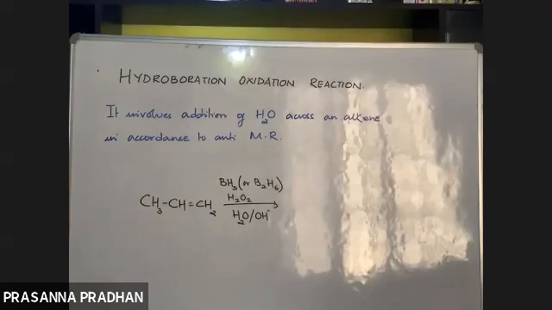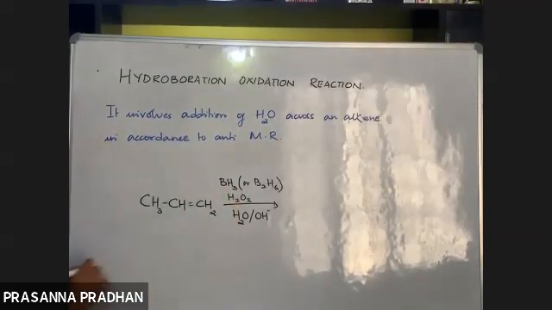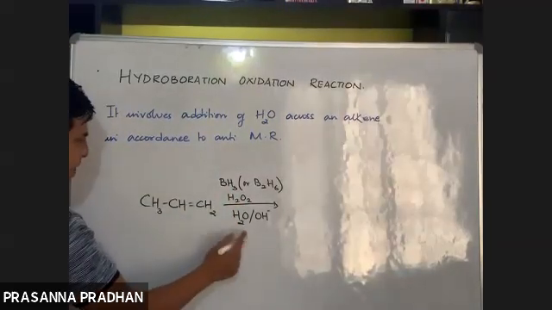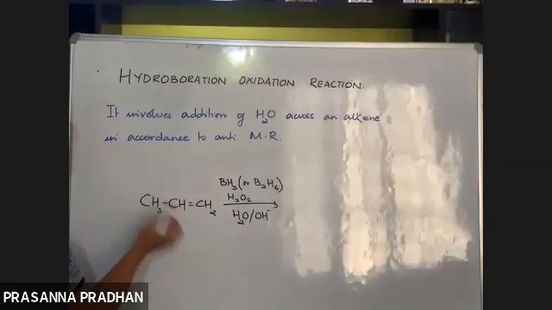But we don't need to go into the complex mechanism. Just remember, during this process, the water molecule will be added across the double bond in accordance to anti-Markovnikov's rule. So water में what is the positive part? H is the positive part, and if it follows anti-Markovnikov's addition, the positive part of water, that is H positive, is going to add to the carbon containing lesser number of hydrogen.